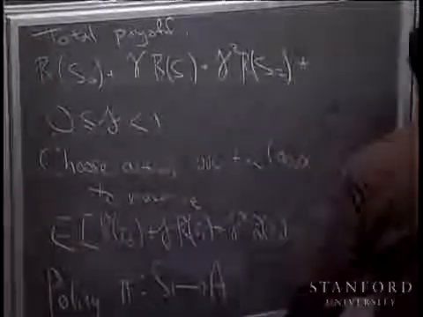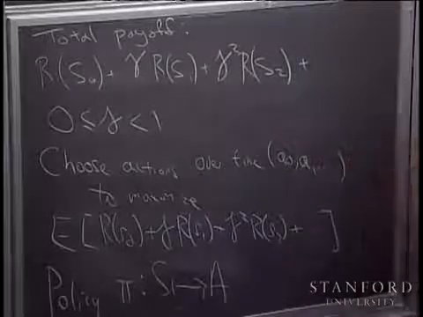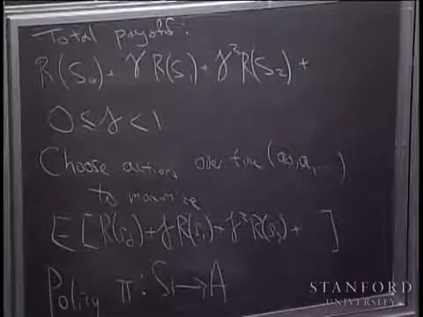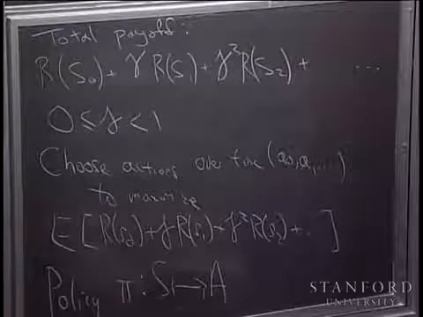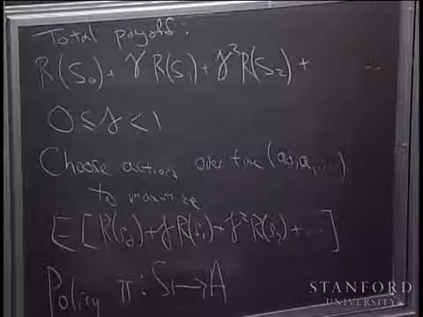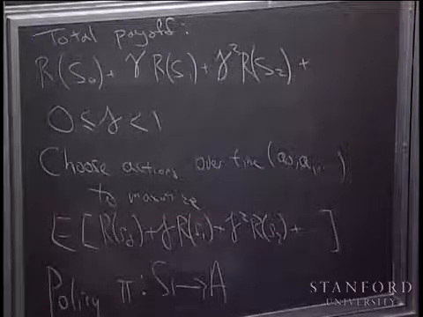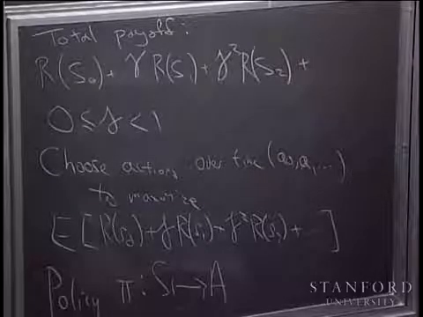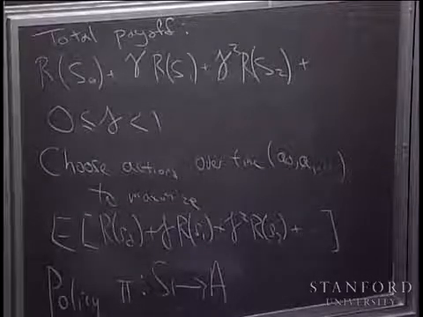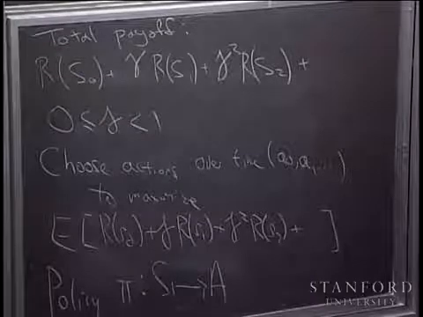So concretely, here is an example of a policy. This actually turns out to be the optimal policy for the MDP, and I'll tell you later how I computed this.